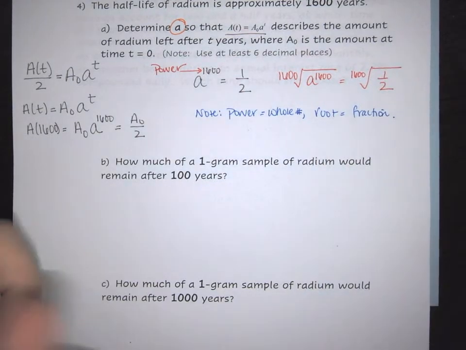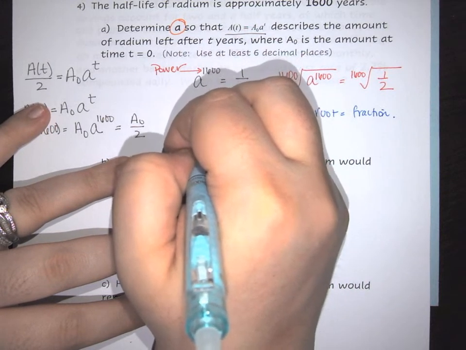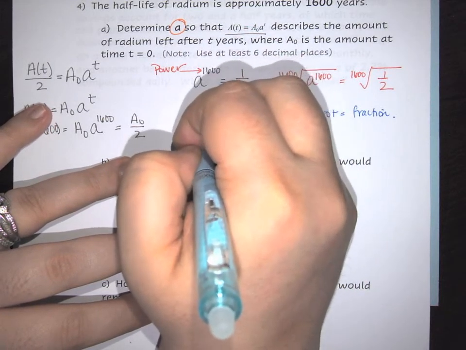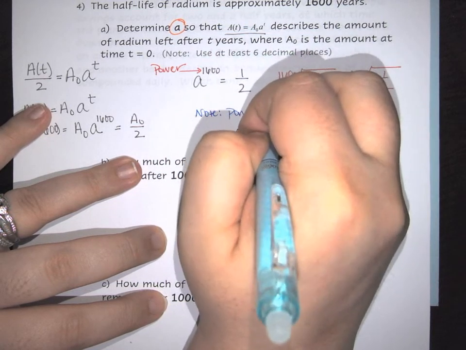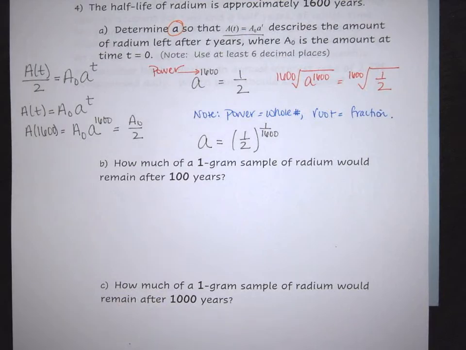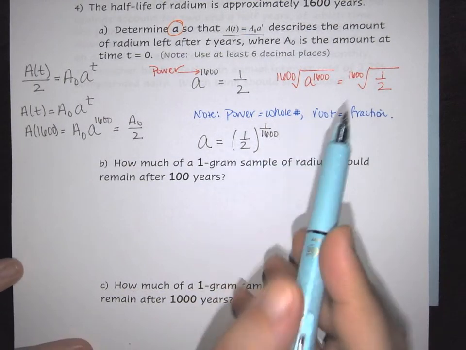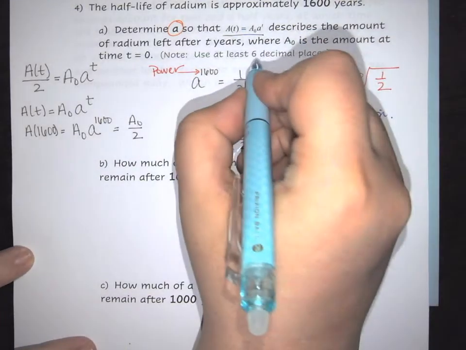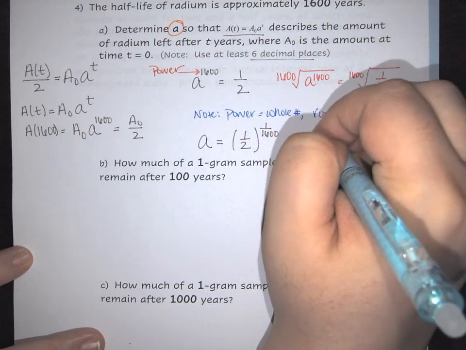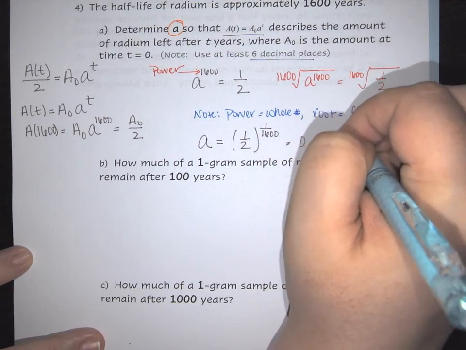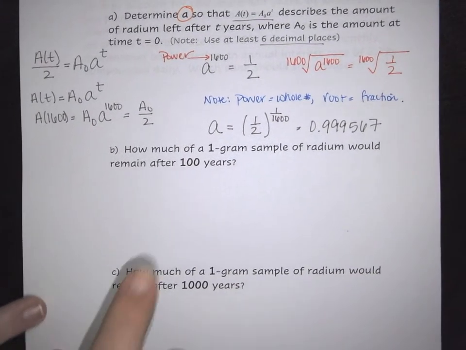So in this case we would have that my A is equal to 1/2 raised to the 1 over 1,600. The reason for that is because the denominator here represents your root. We want to go out to 6 decimal places, so we get 0.999567.